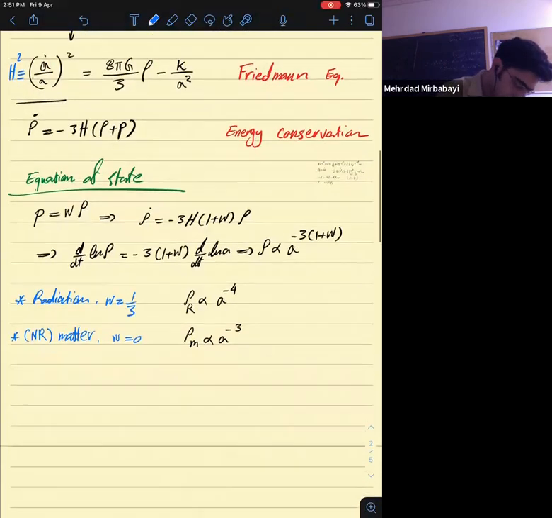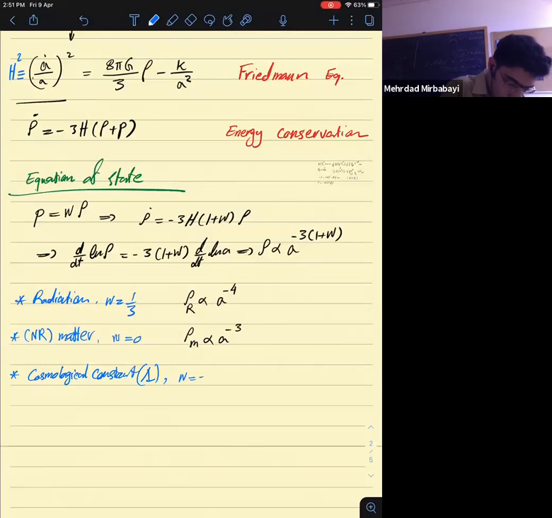One other example is lambda, the cosmological constant. Sometimes it's called dark energy.